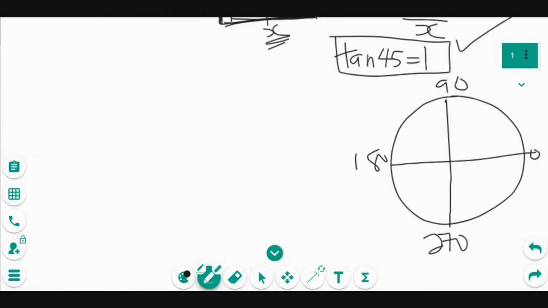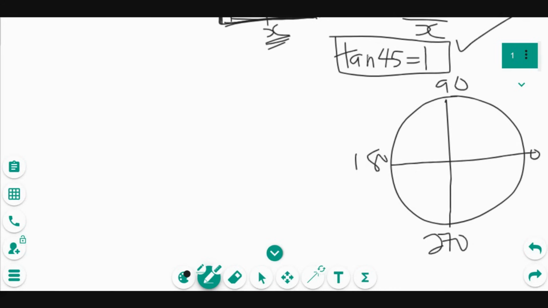Okay? So we need to actually know how we can represent this. Any angle, any size of the angle, it can actually be bigger than 360. We need to know how we can represent it on quadrats.